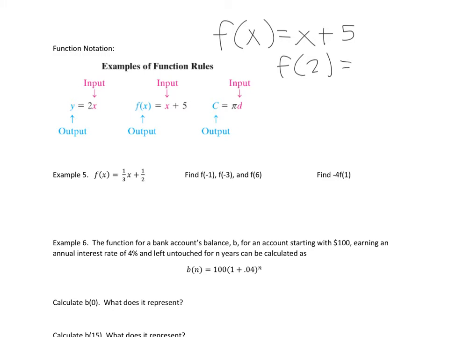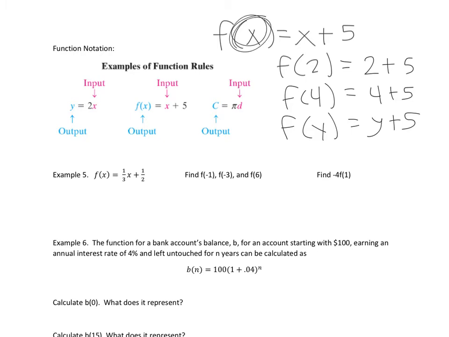So f of 2 would be 2 plus 5. f of 4 would be 4 plus 5. f of y would be y plus 5. You're just replacing the independent variable in the function.